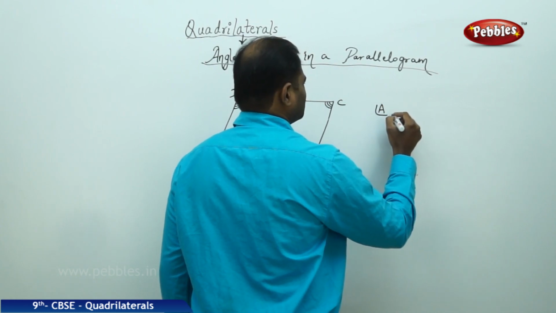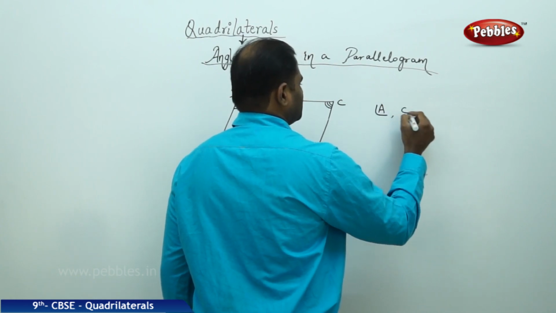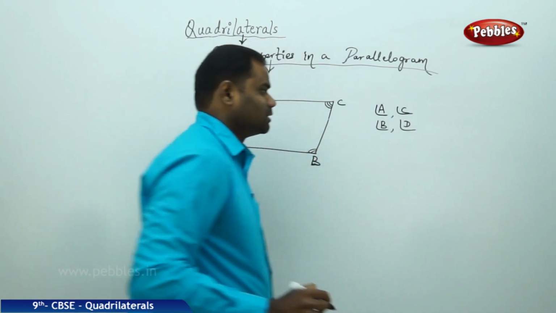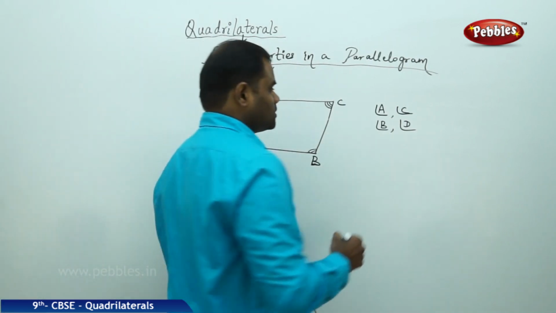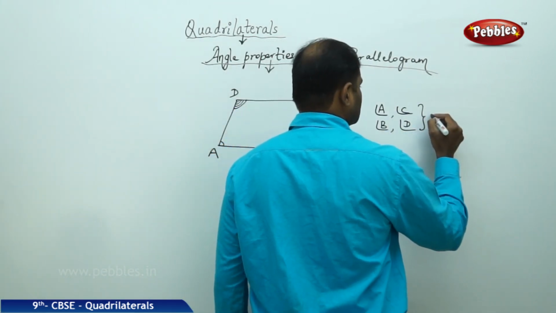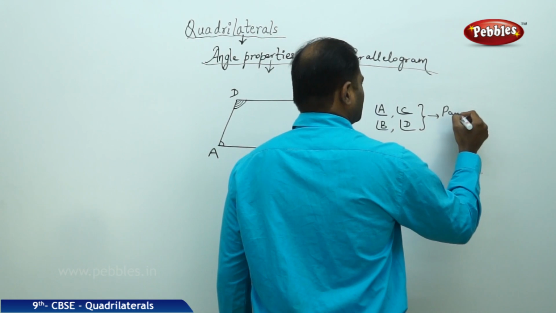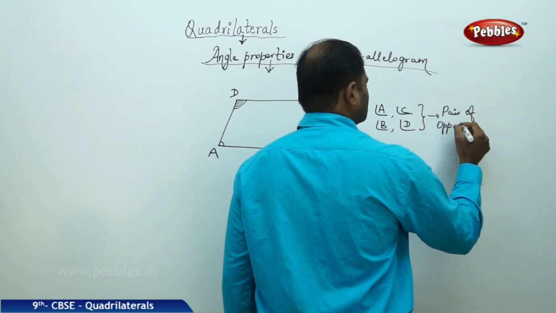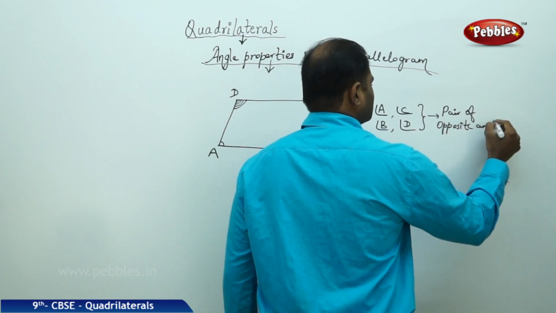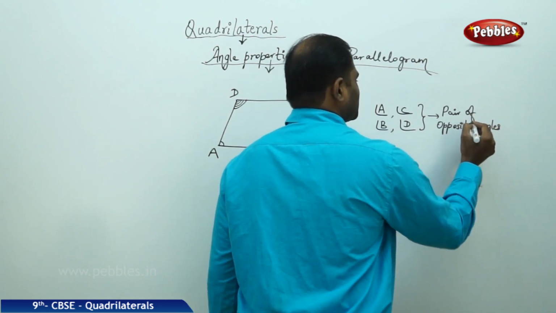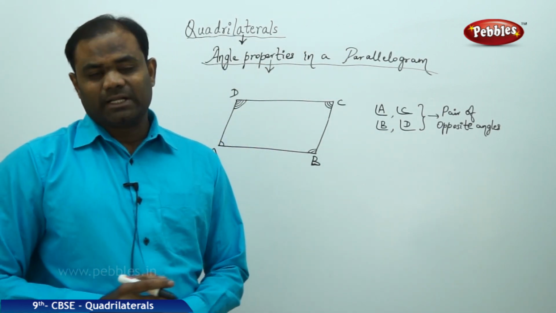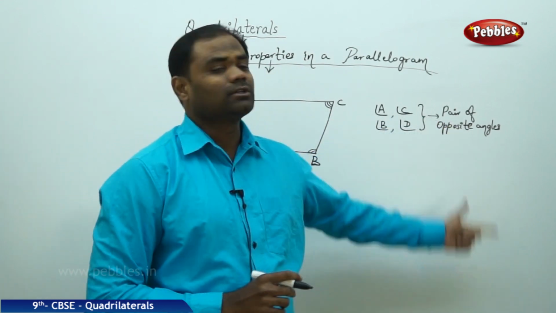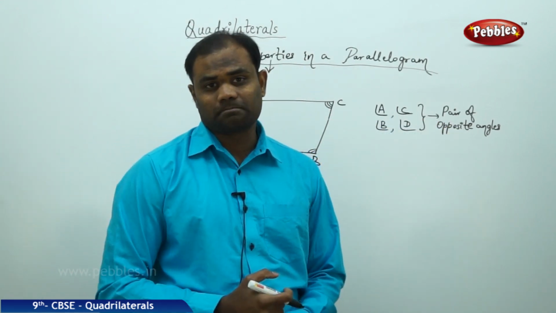Angle A, angle C, angle B and angle D are called pairs of opposite angles. So let's see in today's session about the property which connects with opposite angles in a parallelogram.